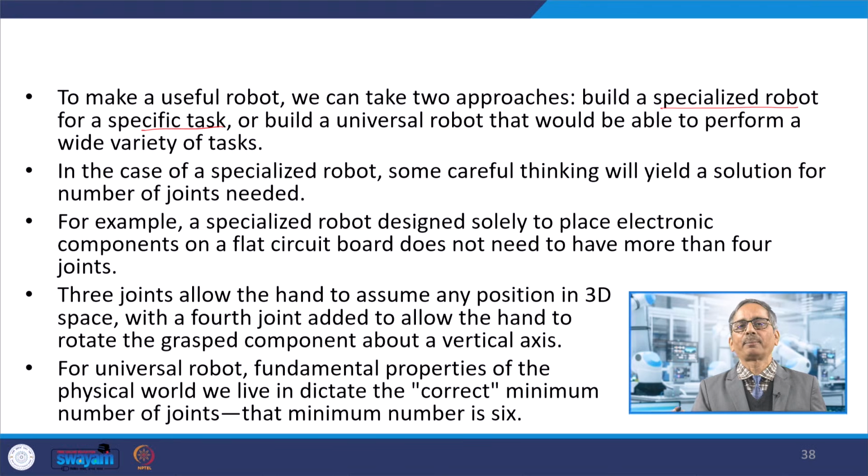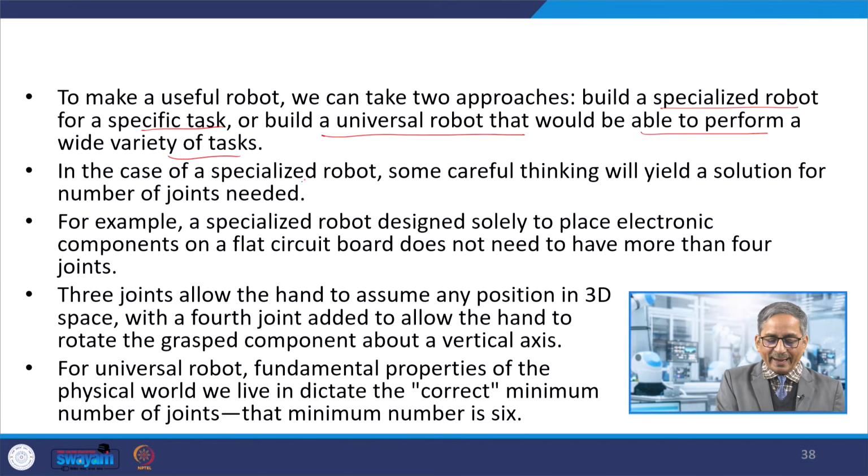Or the other approach could be that I make a universal robot that would be able to perform a variety of tasks. In the case of specialized robots, some careful thinking will yield a solution for how many joints we are going to have.